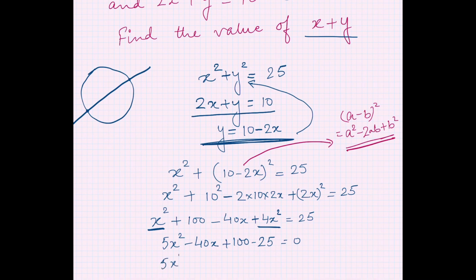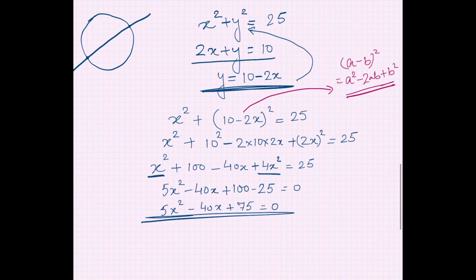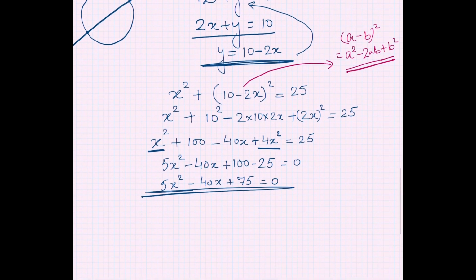So we have 5x squared minus 40x plus 100 minus 25, which is 75, equals 0.